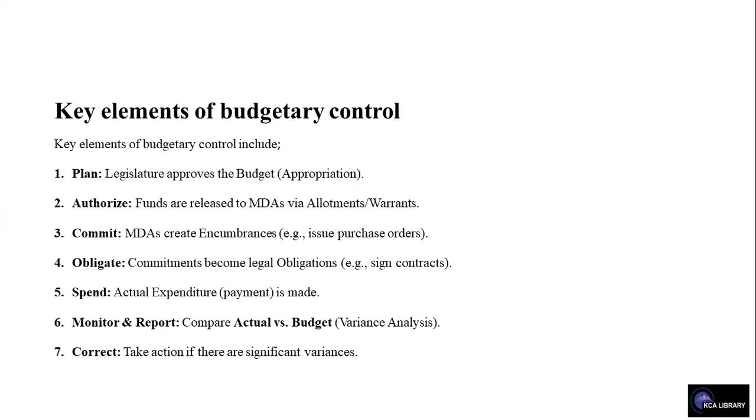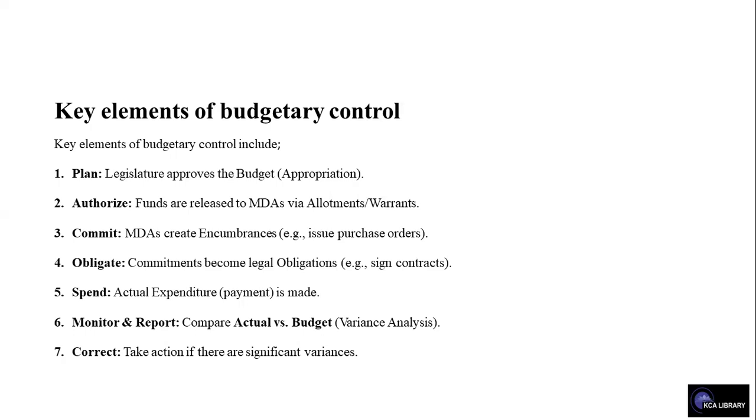Another key element is commit, where the MDAs create encumbrances, that is, issue purchase orders, and also obligations. Commitments become legal obligations, in terms of signed contracts, just like we discussed earlier. Another is the spending aspect, which is actual expenditure. The payment is made.